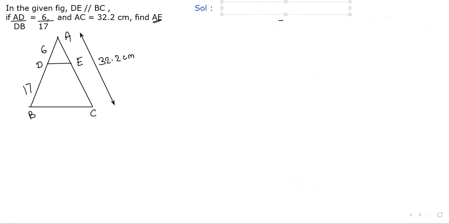Right, chalo. AD upon DB is equal to 6 upon 17, given.